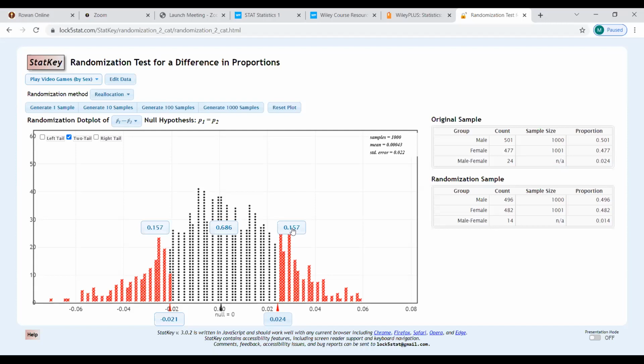So in this case, we would not reject the null hypothesis. Now, I have to stress this: when we do not reject the null hypothesis, it doesn't mean that the null hypothesis is true. It just means there's not enough evidence with this particular sample to show that it's false.